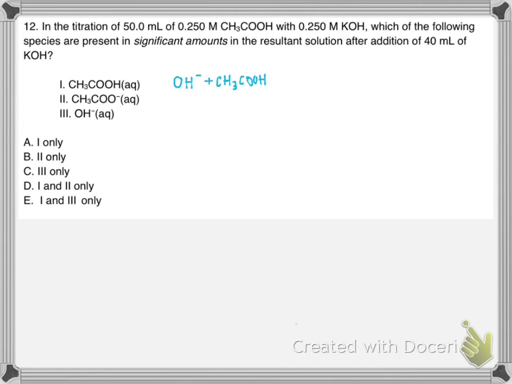This is a neutralization reaction, and it's going to completely react until one of our reactants runs out. The hydroxide is going to take the proton from the acetic acid to make water, and that's going to leave behind the acetate ion.